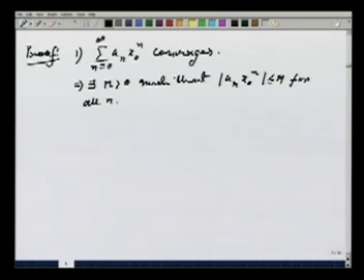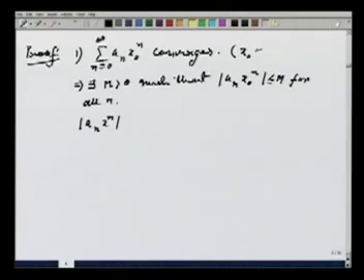Okay, fine. Now I am going to use a simple trick. I look at modulus of a n x to the power n. Let me assume that x naught is non-zero, because if I assume x naught is equal to 0, then the theorem is trivial.